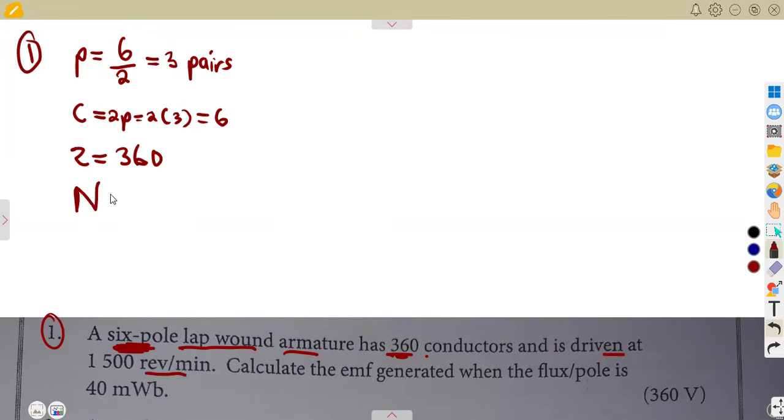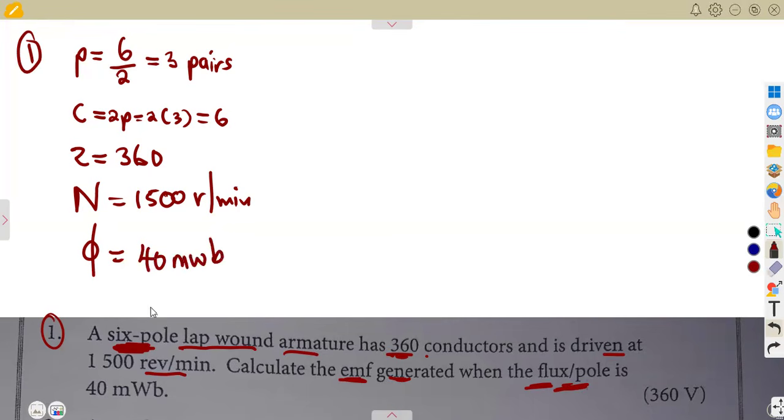This is our capital letter N, 1,500 revolutions per minute. Calculate the EMF generated when the flux per pole, so the flux is taken per pole, our useful flux per pole is taken as 40 milliwebers.